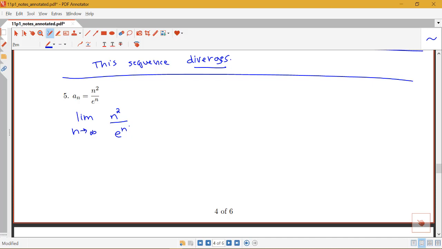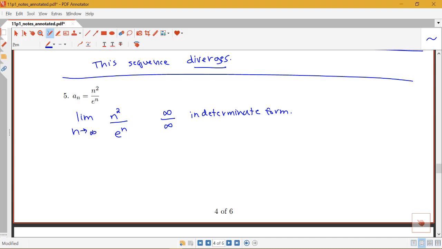I can't simplify this just by dividing by powers of n, it's not a composition of functions, and it's not something with negative numbers in it. But if I tried to take this limit, I would get infinity over infinity, which is an indeterminate form. So we want to try to use L'Hopital's rule here.